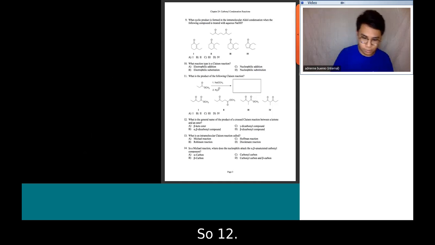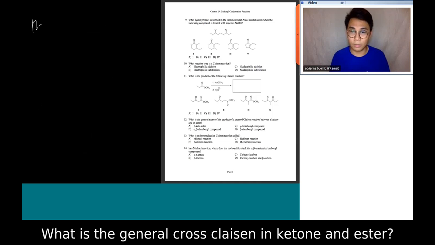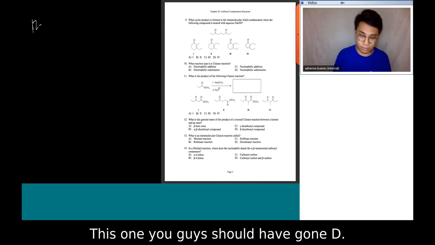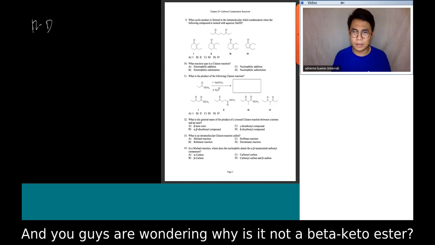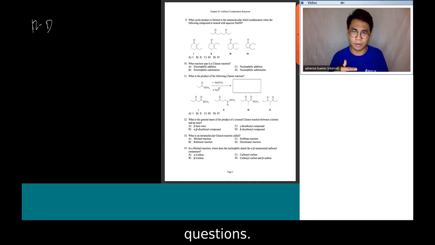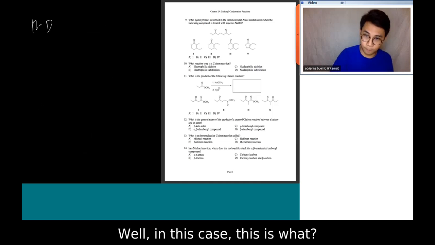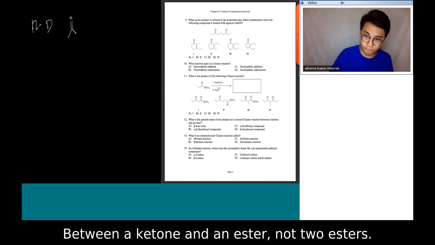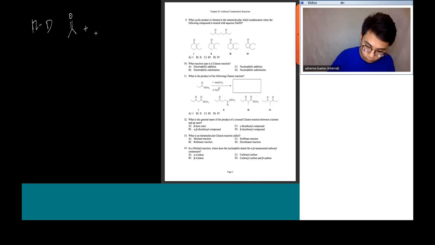Okay, so 12. What is the general product of the cross Claisen between ketone and ester? This one you should have gotten D, and you might be wondering, why is it not a beta keto ester? We just talked about beta keto esters for the last two questions, right? Well, in this case, this is between a ketone and an ester, not two esters, right?